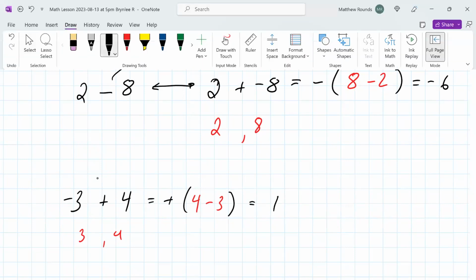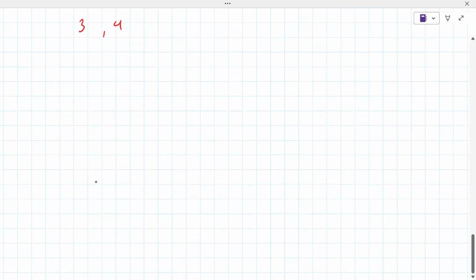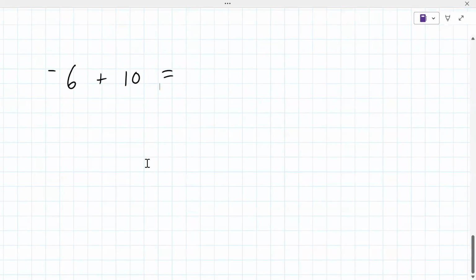Let's try another one here. What does this become? This becomes 10 plus... it's going to be a +4. Good.